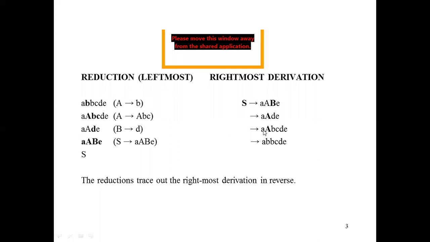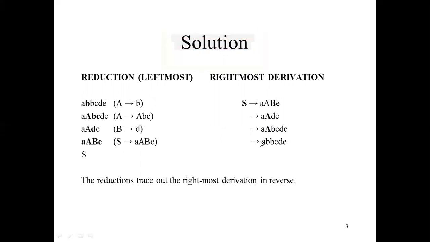Again A. Now you can see we are going to replace this capital A by B. Now we will choose another option, and we can replace this value. So ultimately we will get this final value. Now this is called the rightmost derivation.